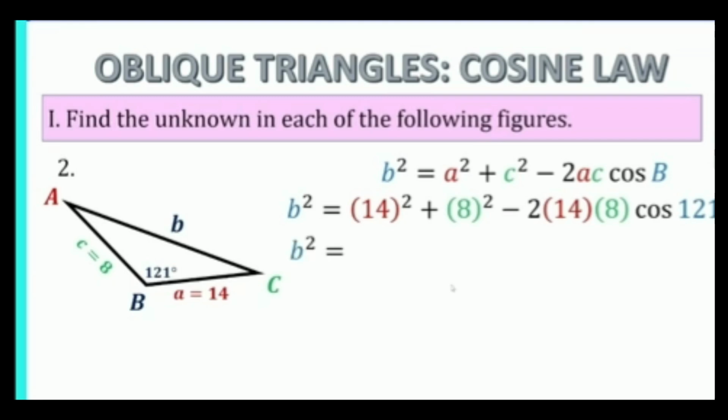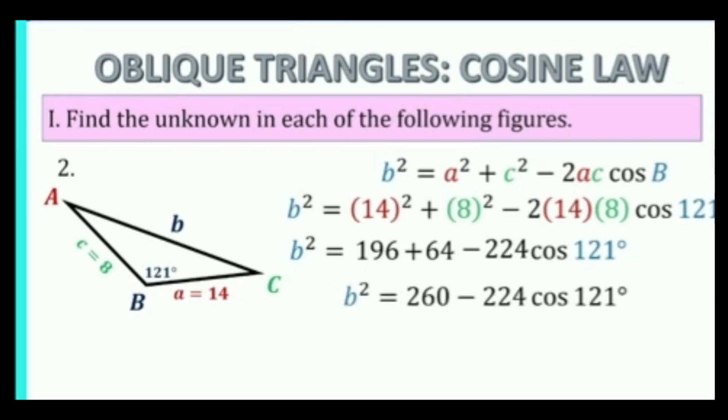Okay, so let's evaluate. We will have B squared. 14 squared will be 196. 8 squared will be 64. Then negative 2 times 14 times 8 will be negative 224. Then we put the cosine of 121. Then let's add 196 and 64. 196 plus 64 will give us 260.